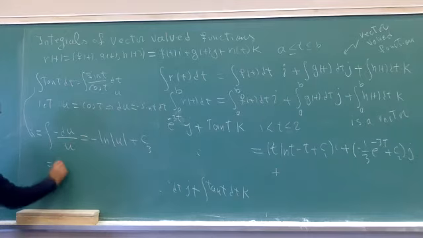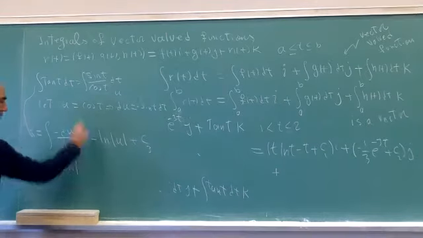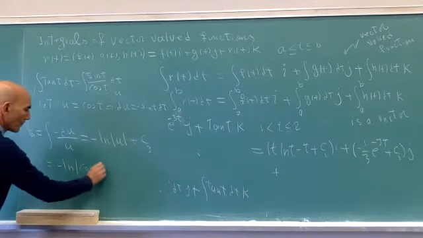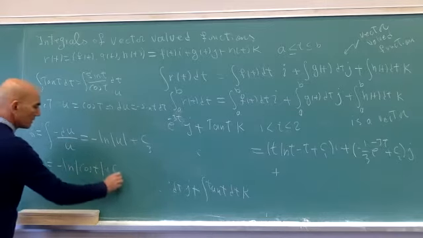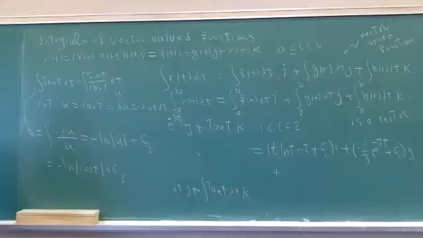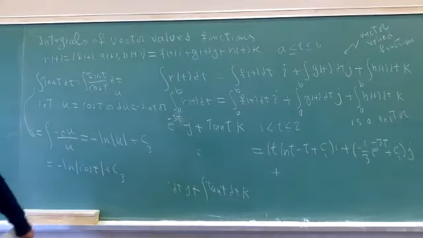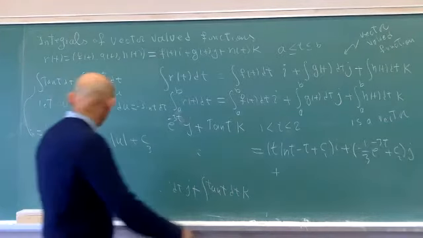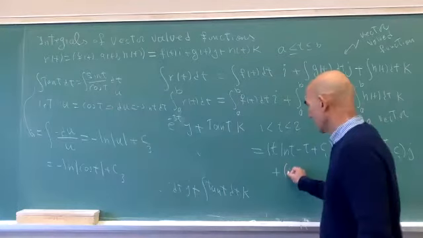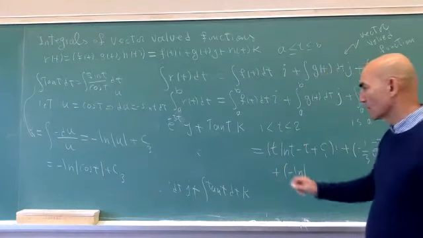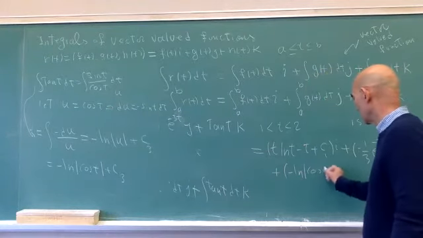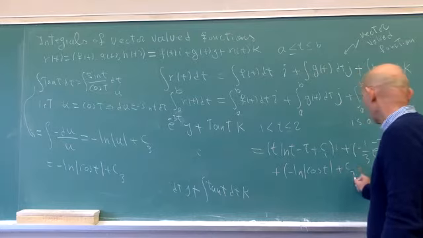So the answer is negative ln absolute value of cosine of t plus C3. So the last component is negative ln absolute value cosine of t plus C3.